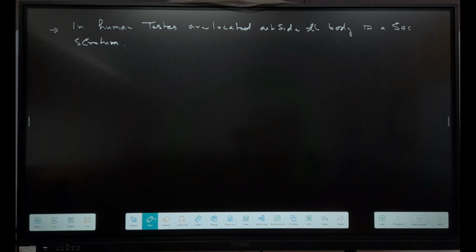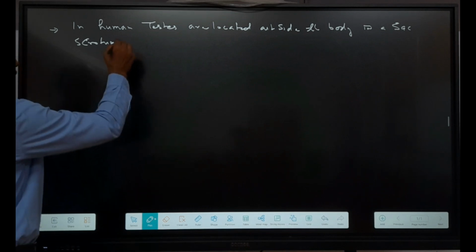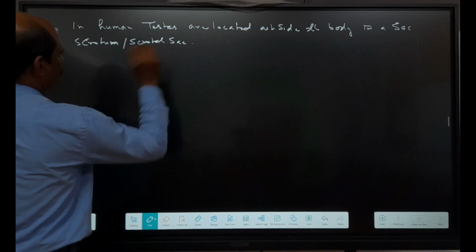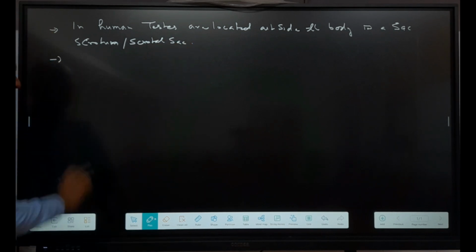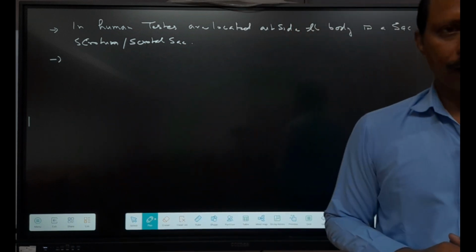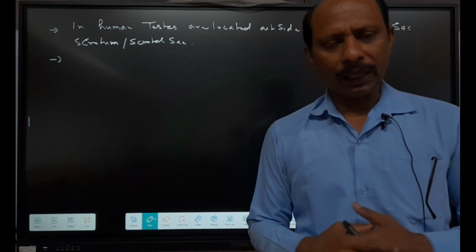First thing is the scrotum, or we can say the scrotal sac. But in some animals, the testis is present inside the body, in the abdominal cavity.